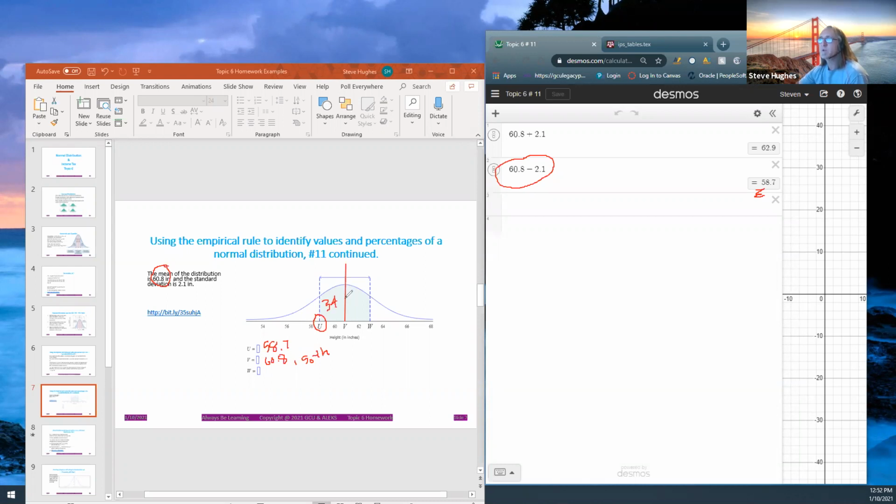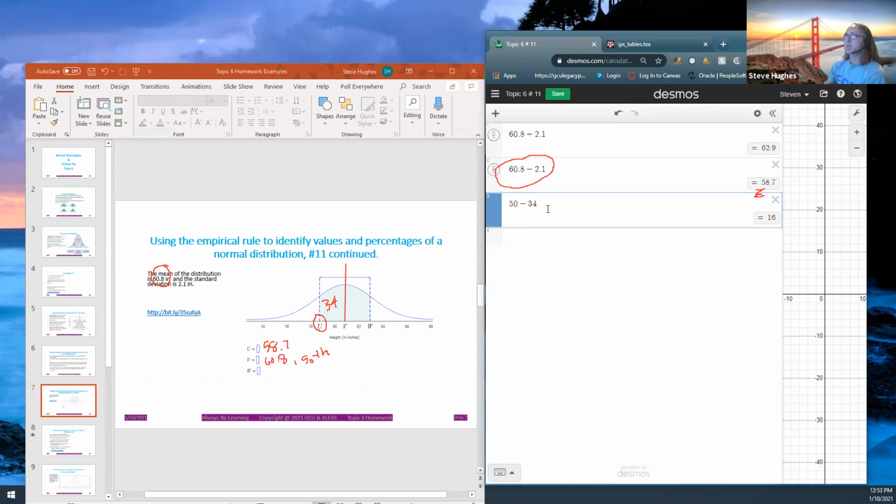So what's the percentage that lies below that? Let's just do it in our calculator right here. That is 50 minus 34 lies below that.